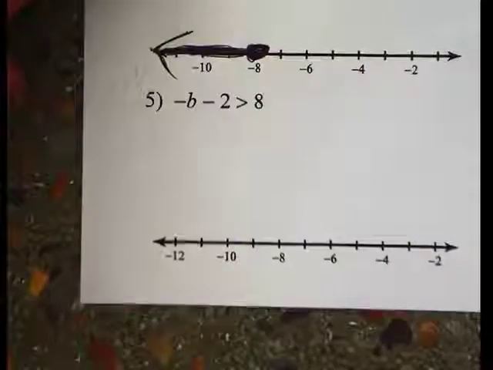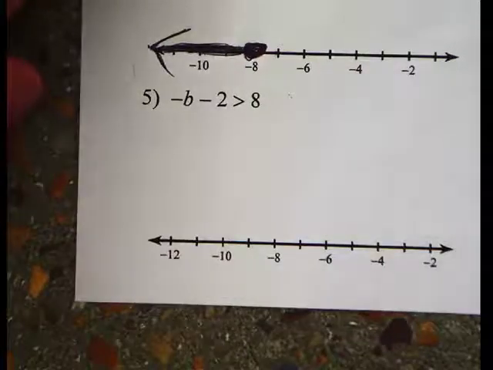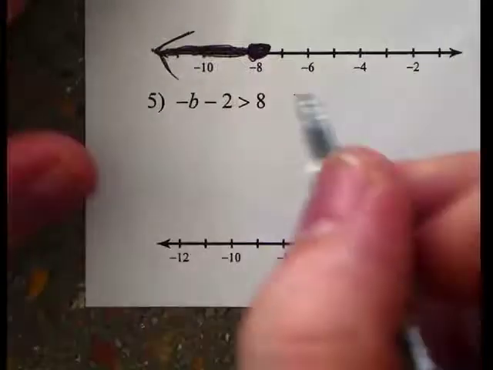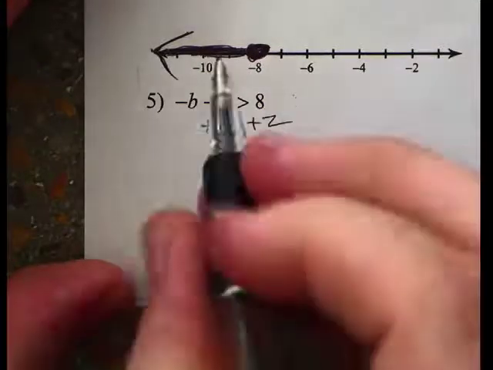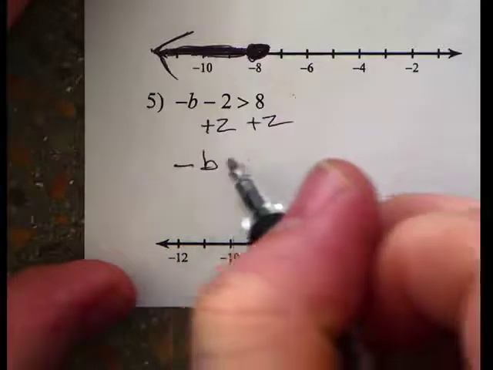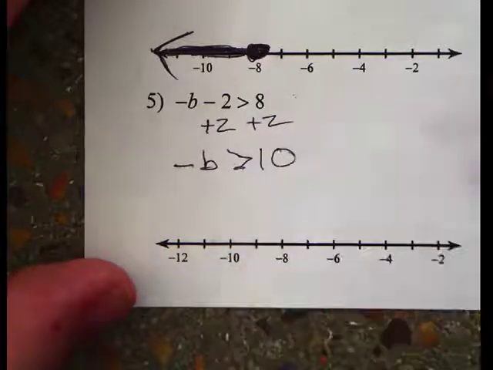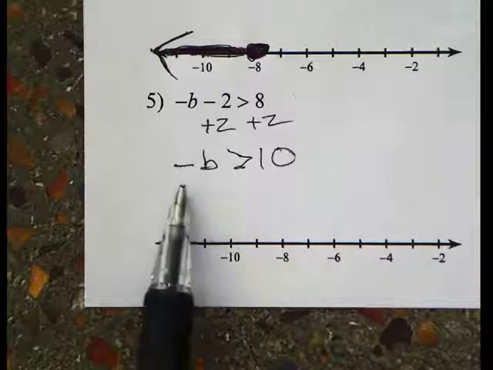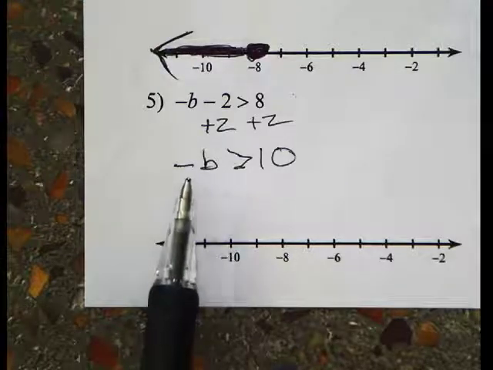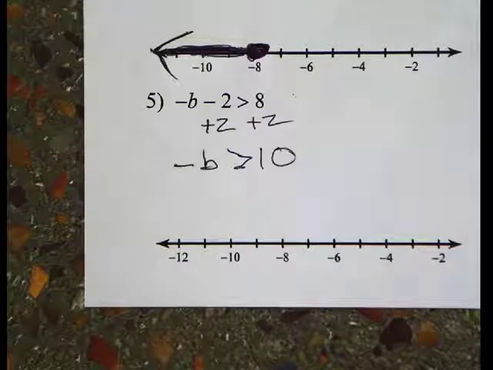Okay. Number 5. I'm going to add 2. Now I have negative b is greater than 10. Now here's the problem with this one. It has a negative b. We can't have a negative b. So we have to switch the sign.